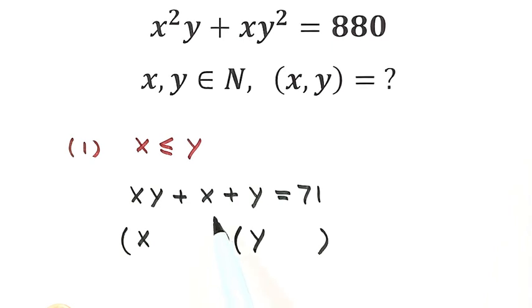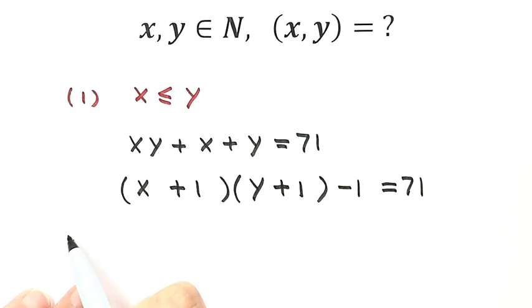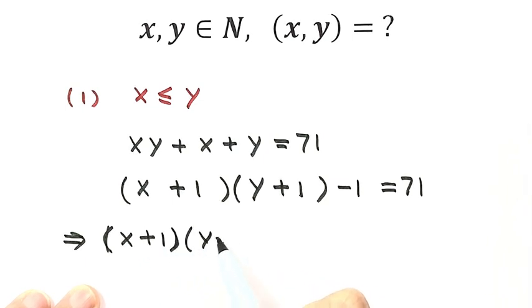So here we have x plus 1, and here y plus 1. Then we have one extra term, 1 times 1, so outside we minus 1, equals 71. Then we have (x + 1)(y + 1) = 72.